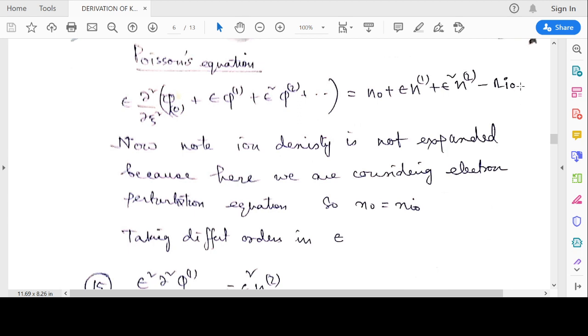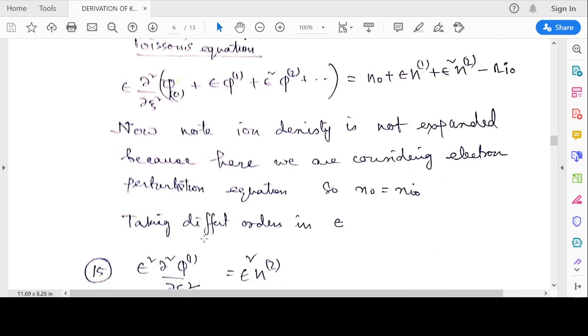Because for the sake of this problem, we are considering them to be heavy enough not to respond to any kind of oscillation. Okay, so at equilibrium, the quasi-neutrality condition, n0, which is the electron density, and the ion density, will both cancel out. So we just cancel these two terms. Now note that the ion density, that's what I've said.